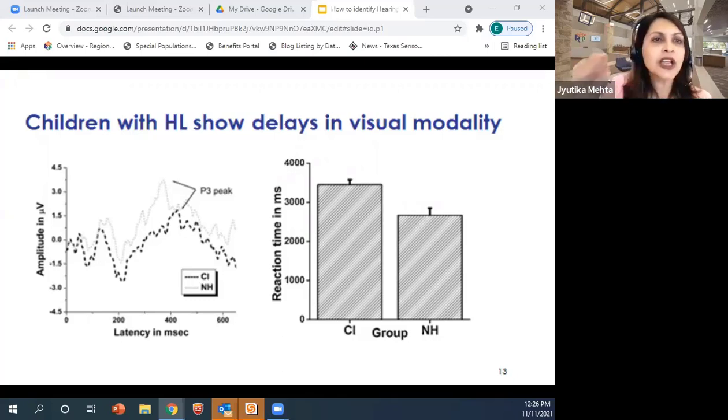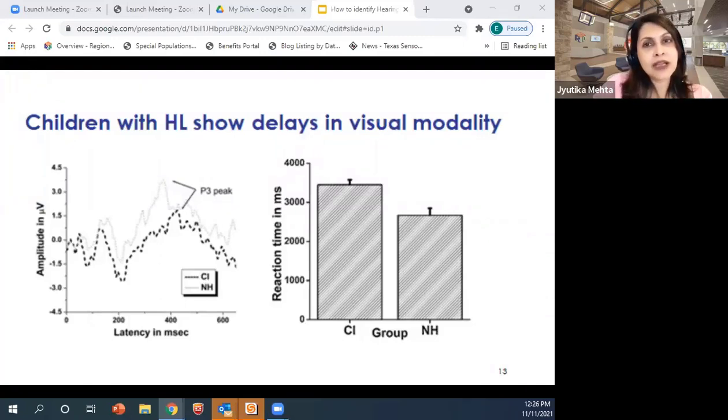This is like the firing of each individual neuron. And you can see the peak, what we call P3, which is positivity after certain milliseconds. Those peaks are very, very different, indicating almost a 1,000 millisecond difference. And we are talking about one word.